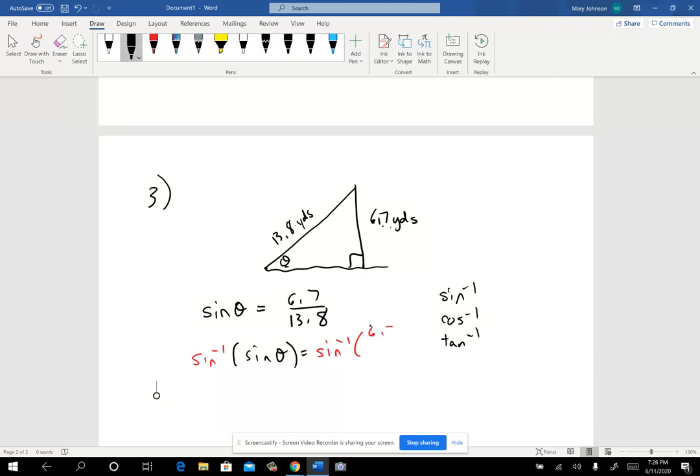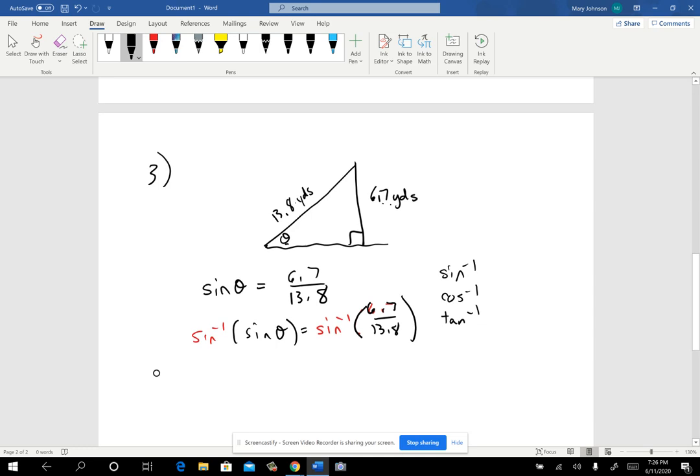So whatever you do to one side, you do to the other. So we're going to apply that function to both sides. Okay, finally I got it. Okay, so sine inverse of sine of an angle, they undo each other, sort of. If you're in a triangle, you're safe because the angles are acute. Later, we'll have to be more careful about this.